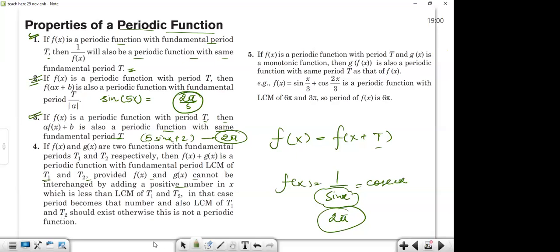So there has to be some difference in these two functions which should be greater than the LCM of the fundamental periods. In that case, the period becomes that number, and the LCM of T1 and T2 should exist, otherwise this is not a periodic function.